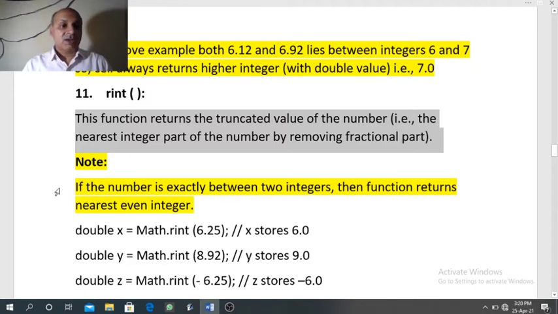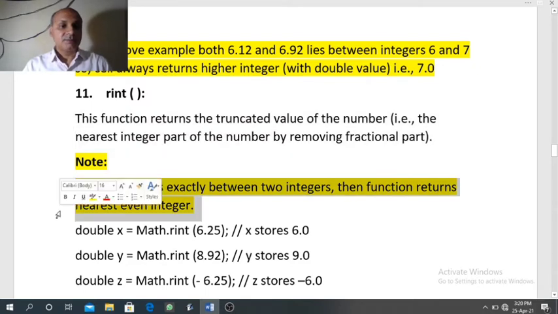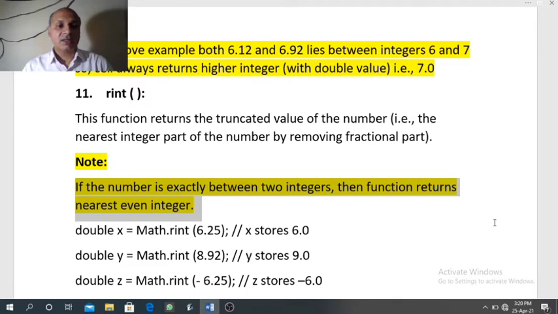But we have one extra rule here. See the note here. This note is very important. If the number is exactly between two integers, then function returns nearest even integer. That is the change between round and rint.